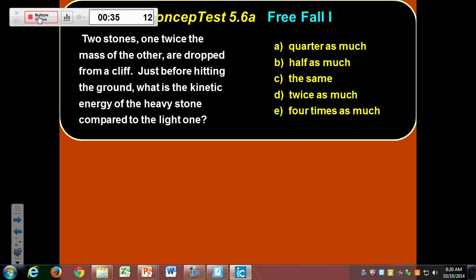Think about your relationship. How is kinetic energy related to mass, and how is it related to velocity? And how do their velocities compare at the bottom of the cliff? Is one larger than the other? Are they the same?